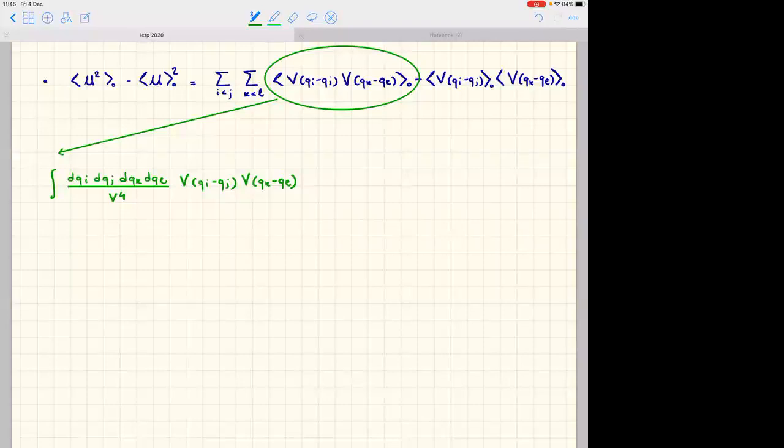Now, it is evident that if the indices i, j, k, and l are all different, then this is equal to the average of V(qi minus qj) times the average of V(qk minus ql).